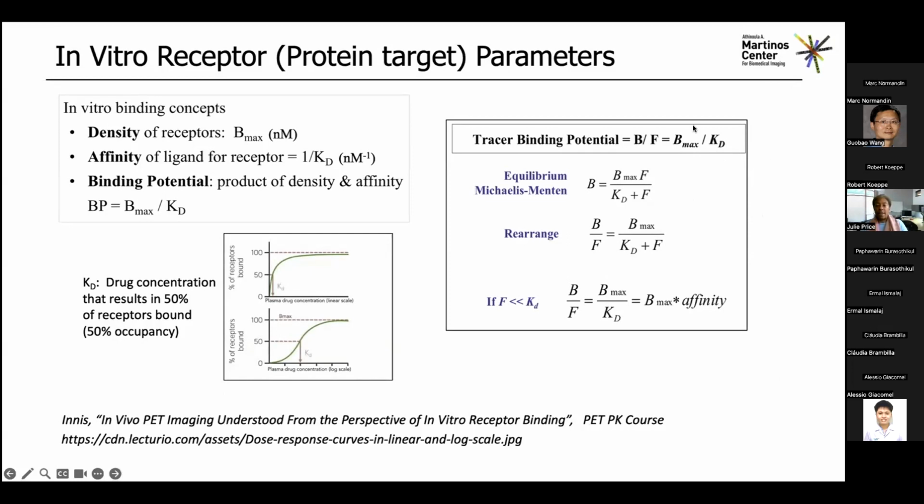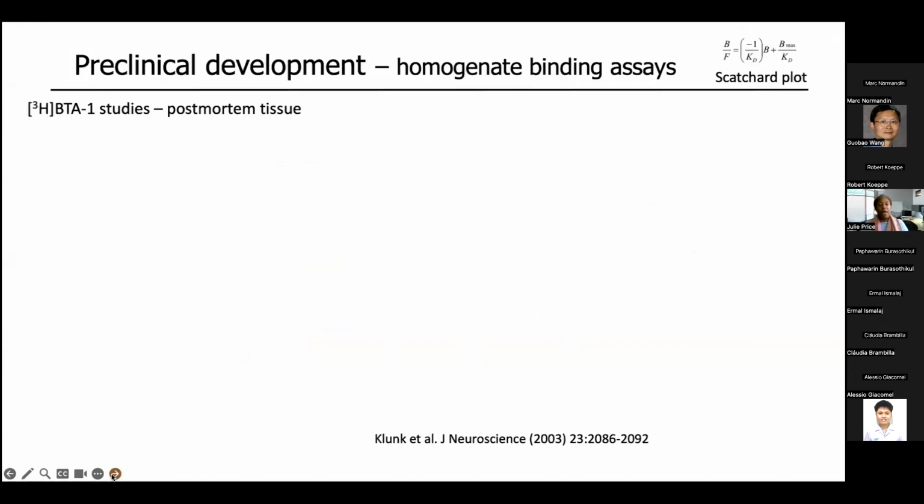And this nonlinearity primarily results because of an upper limit of the concentration of the protein. This produces a capacity-limited situation. And when the amount of drug or radiotracer that is free is much, much less than that equilibrium dissociation rate constant, the bound over free is actually related to Bmax over KD. But that's just detail to help you understand these parameters that we try to then measure in vivo.